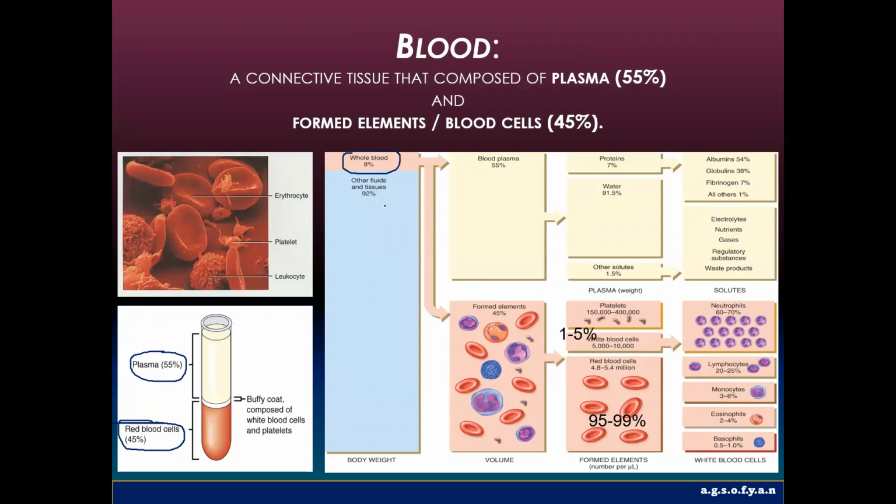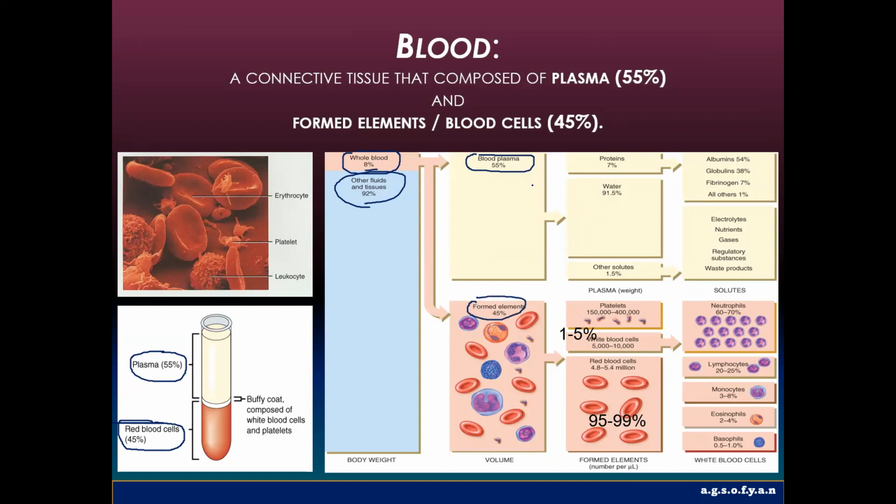So our body consists of 8% blood, and the rest is other tissue, including muscles, nervous tissue, bones, and etc. So 8% blood in our body. And from this 8% blood, again, when we centrifuge it, mostly will be the matrix, which is the blood plasma, 55%, and the formed elements, 45%.